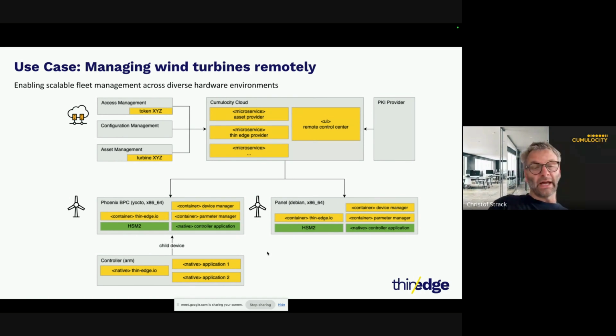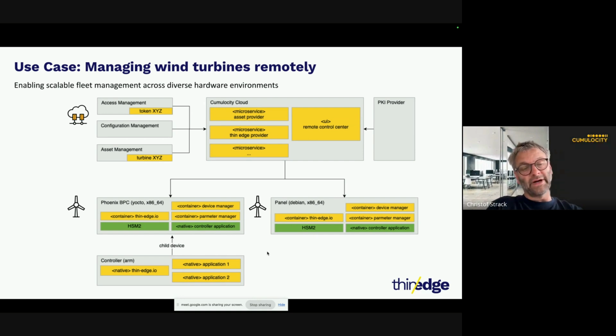Underneath we have the controller, which is an ARM-based system. So this shows that we have a high variety of different hardware and OS systems, which require different solutions for how you deploy your agent. In this case, it's SynEdge.